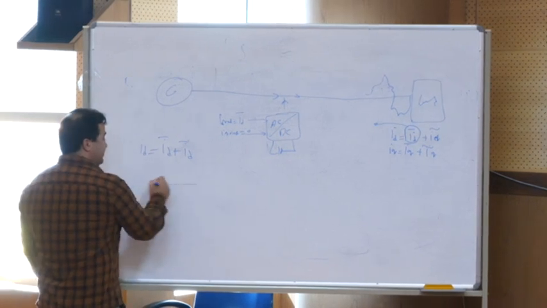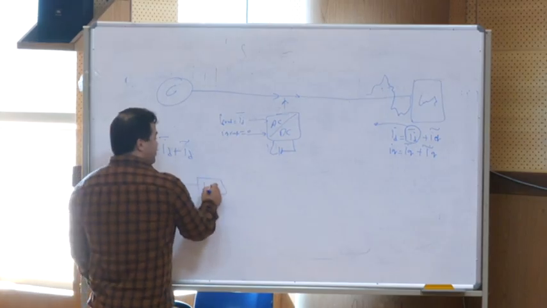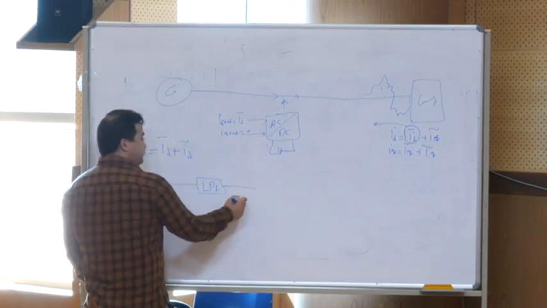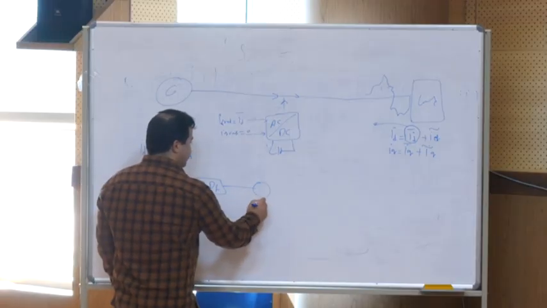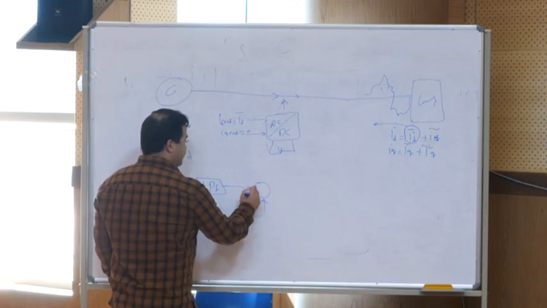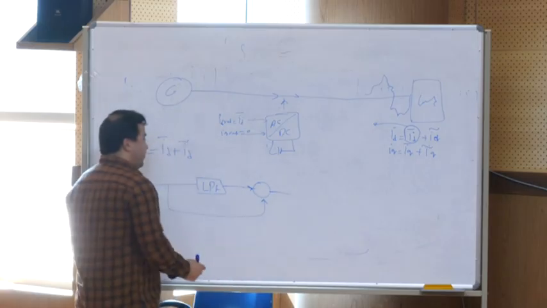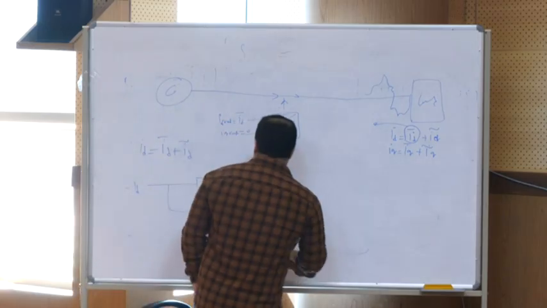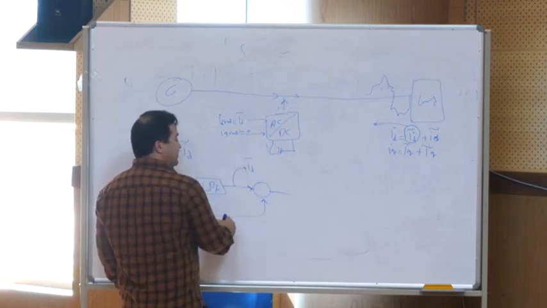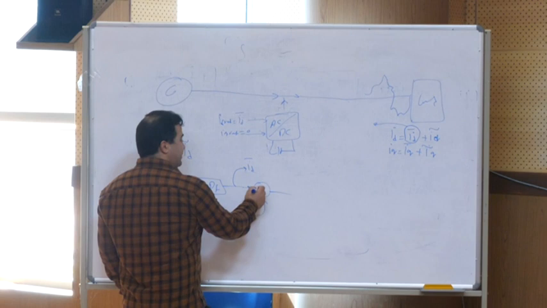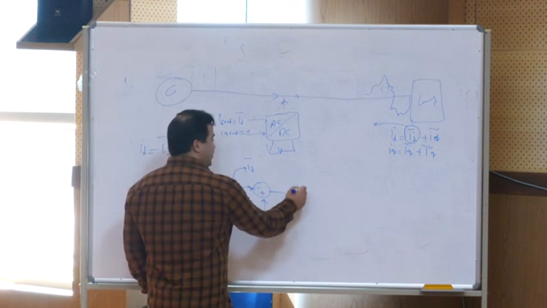So it means that this is my ID. We use a low pass filter, and then what we provide, this part is ID DC, and this one would be ID harmonic.